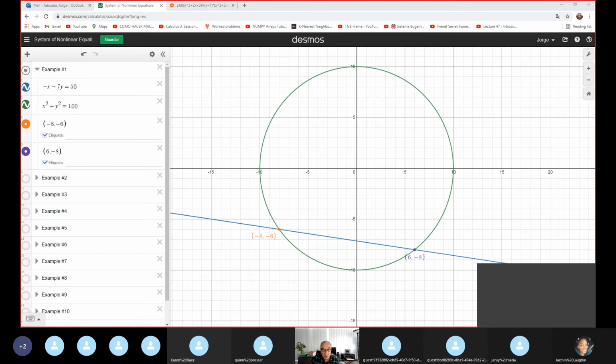Okay, this is the rule. So I know that y is equal to 5 minus 2x. And I substitute this expression here, in the y. I have x squared plus parentheses 5 minus 2x squared equals 50.